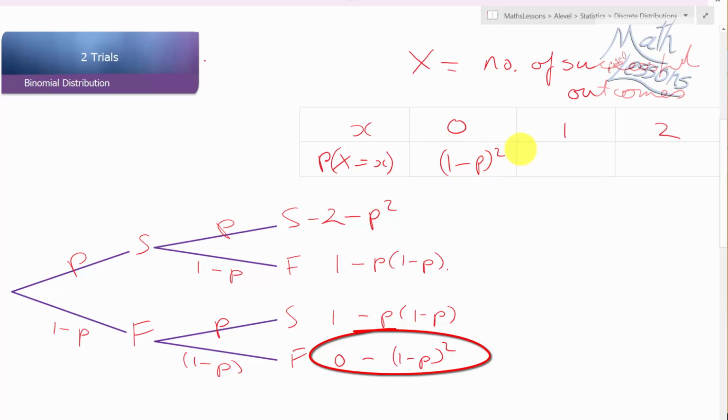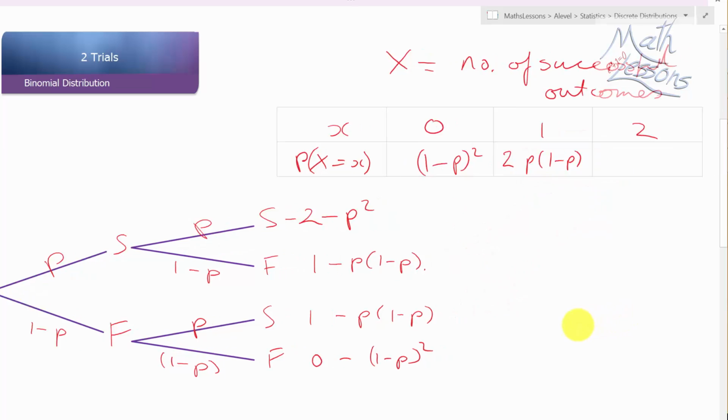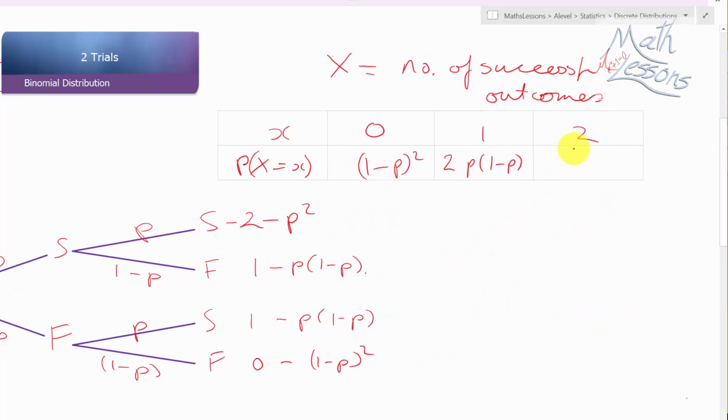When we have one success, there's actually two ways we can get this, and both of those probabilities are exactly the same. Each time we had p times 1 minus p, but there's two ways we can do that, so we multiply that by 2. And with two successes, there's only one way you can get that, and it's p squared.